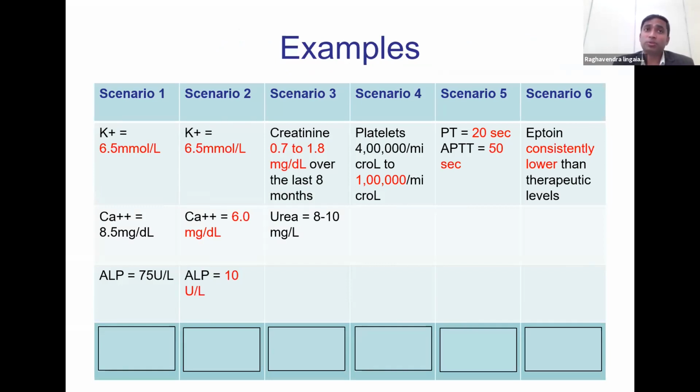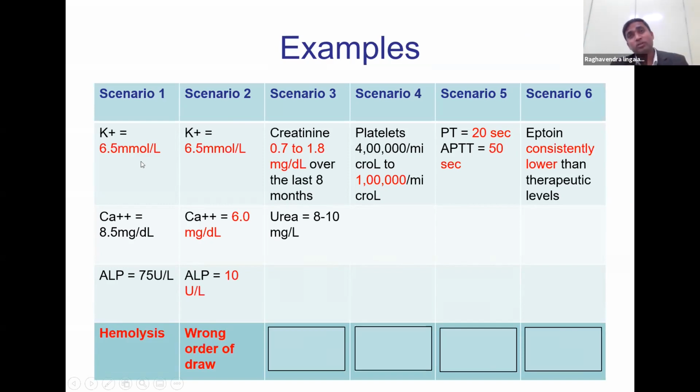So the scenarios which I showed in the beginning, you can answer them easily. Can anyone answer scenario 1? Anybody? So scenario 1 is hemolysis, because only the potassium is raised while clinically it is not correlating.